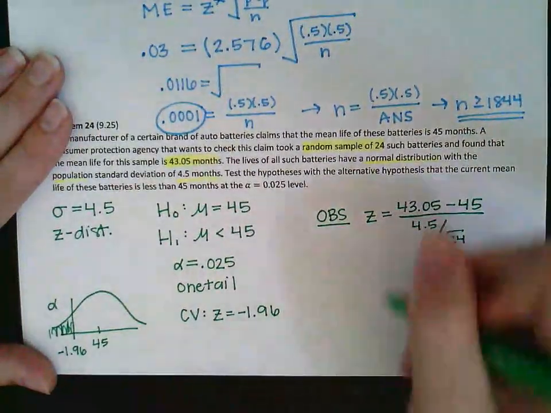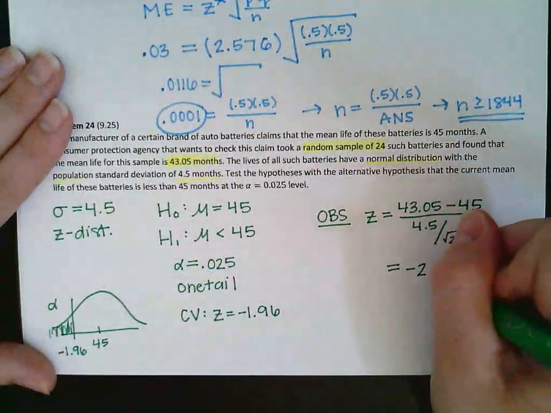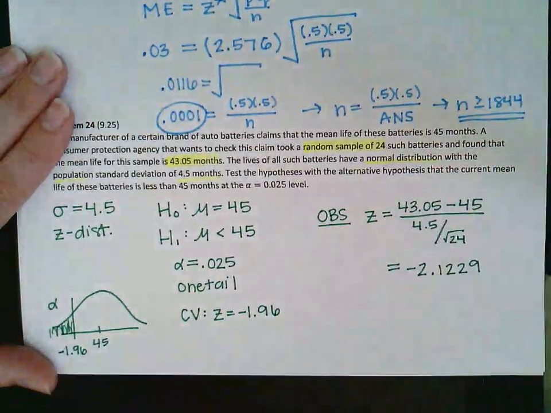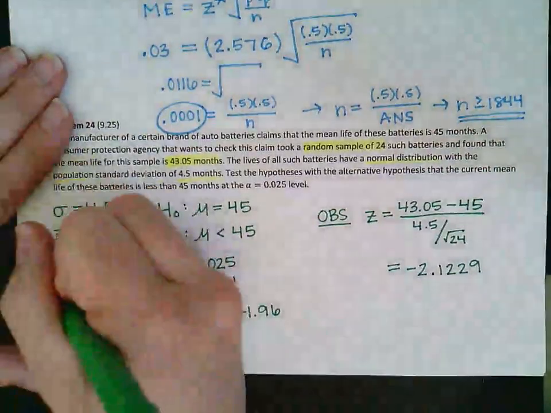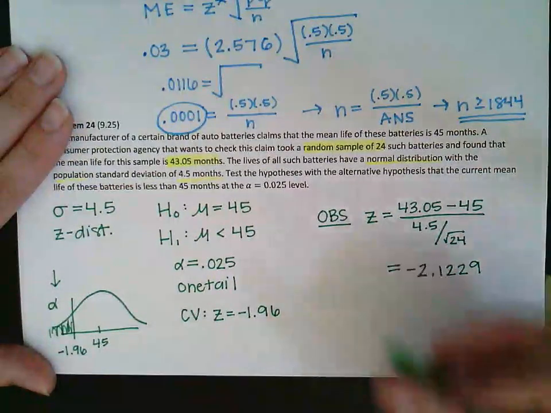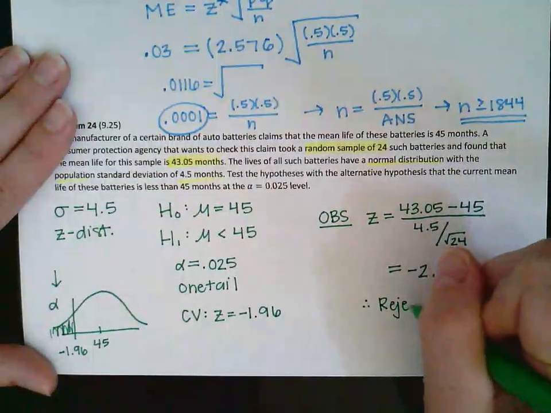And that z-score is equal to negative 2.1229. Negative 2 is in this rejection region. It is lower than negative 1.96. Therefore, I'm going to reject the null hypothesis.